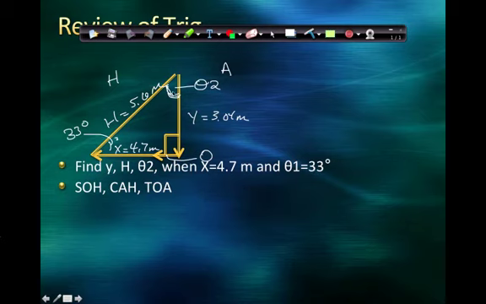So I'm looking for this angle. I have all three sides. Since I have all three sides, I can pretty much use any of my equations here. So let's look at sine of theta is equal to opposite over hypotenuse. So let's see if we have enough to solve here. I do not have the angle here.